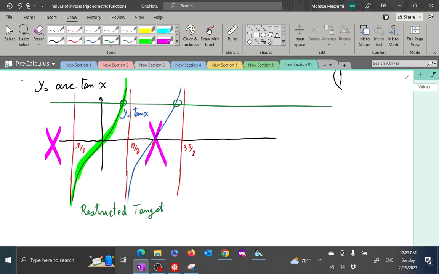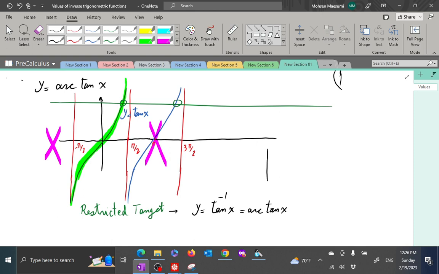So if we want to have an inverse, it's the inverse of the green one that we are going to call the arctangent. So y is equal to tangent inverse of x, also written as arctangent of x, is the graph of the inverse of this green function.